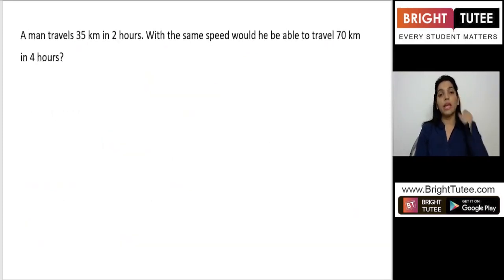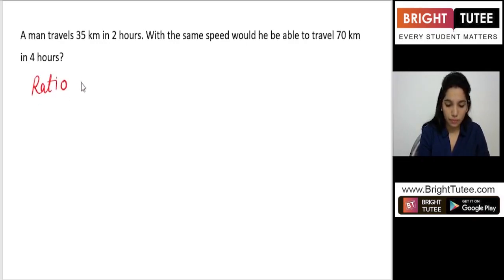Now look at here. It says a man travels 35 kilometers in 2 hours. With the same speed, would he be able to travel 70 kilometers in 4 hours? We can check this by using the method of ratio and proportion. Let us write it down. First of all, we'll write the ratio of distances.